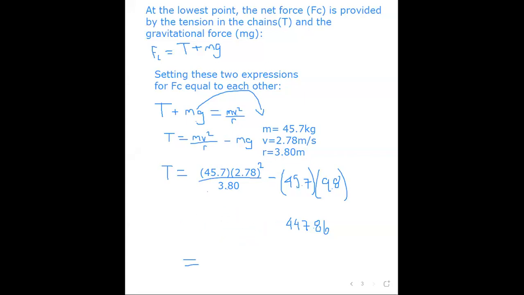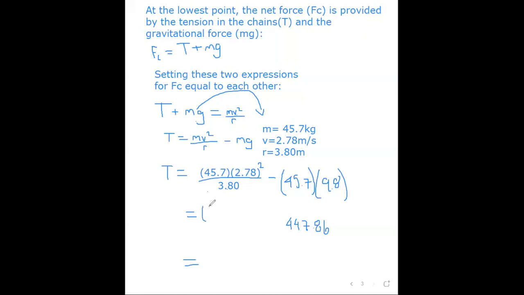So in this case, you have 45.7 times 2.78 squared. 2.78 times 2.78, so I got 7.7284.